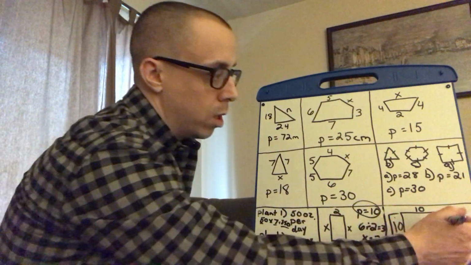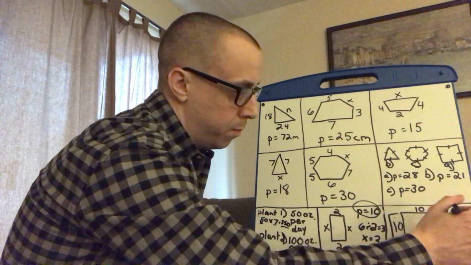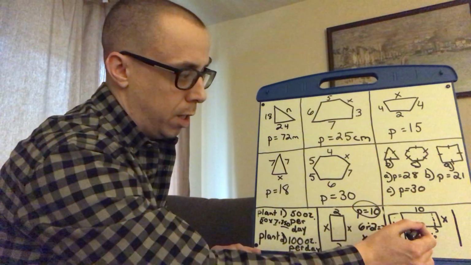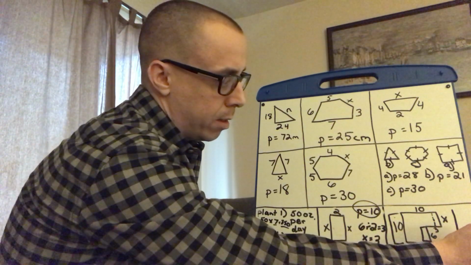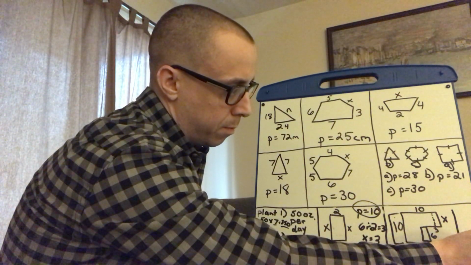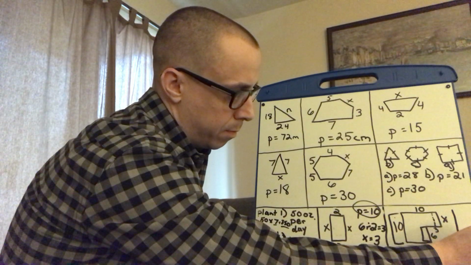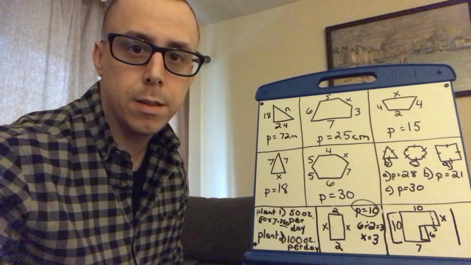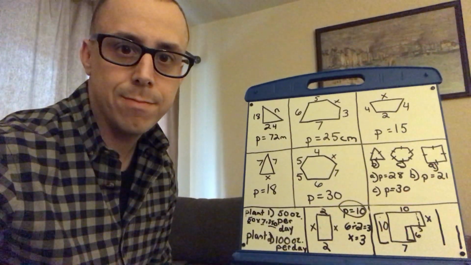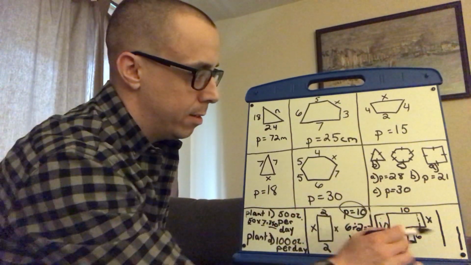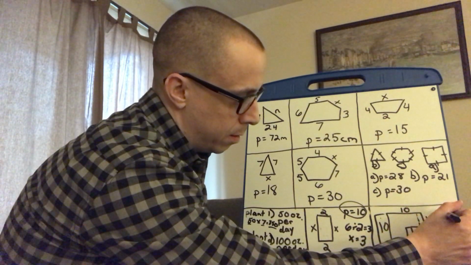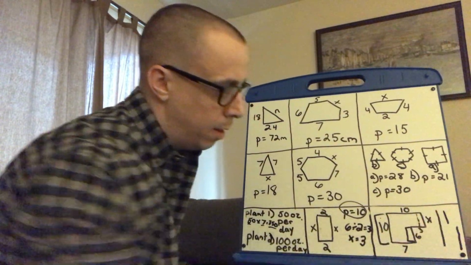Now, our long line is here. So there's 10. I'm going to draw over here the 6. So we have our 10 and our 6. Then this length here, I'm going to draw here, and that's your 4.